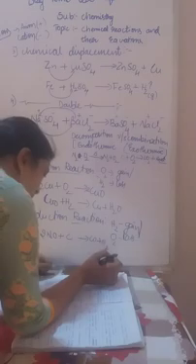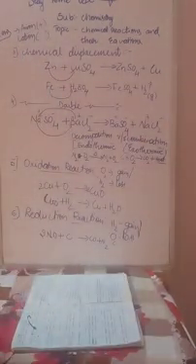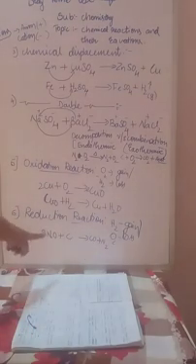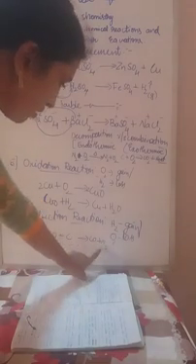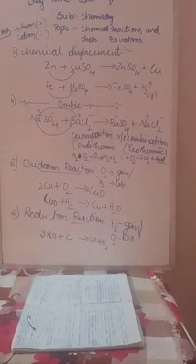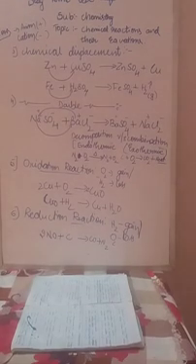You can notice here that nitrogen has lost its oxygen and become N2, a single element. So that's why it is called a reduction reaction. Loss of oxygen is called the reduction reaction.